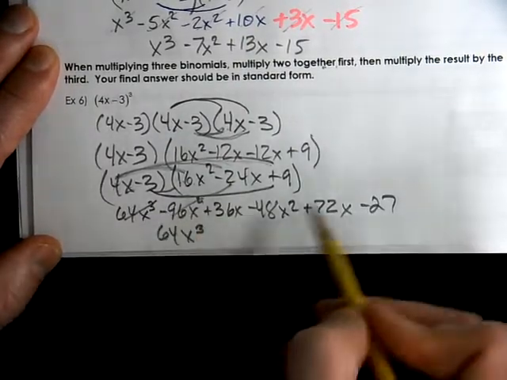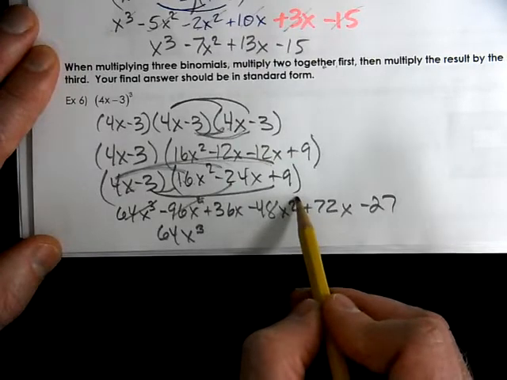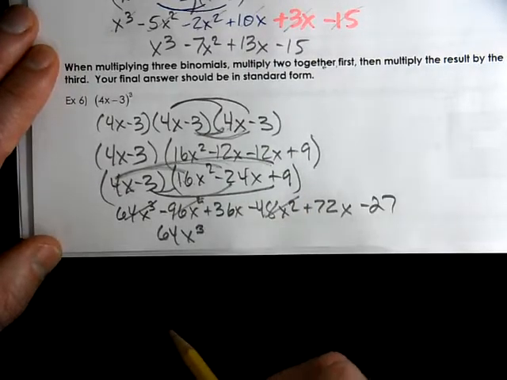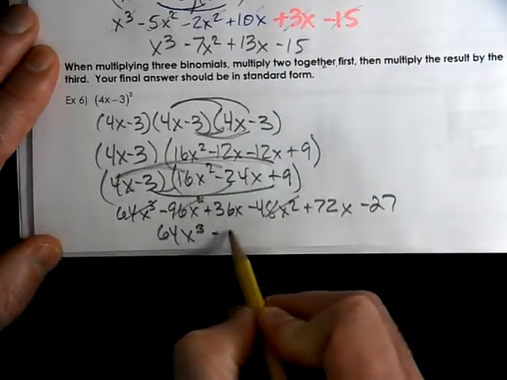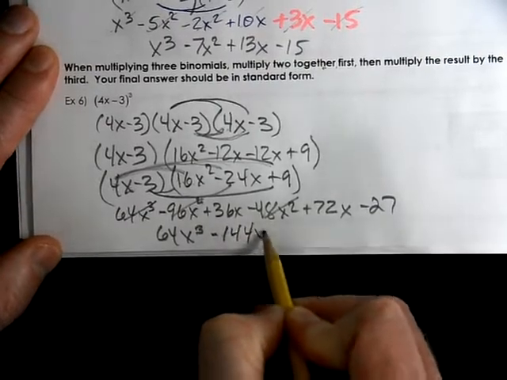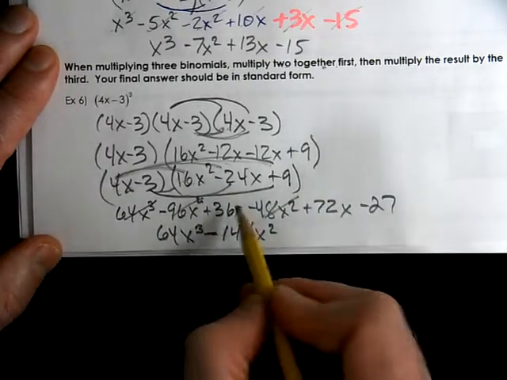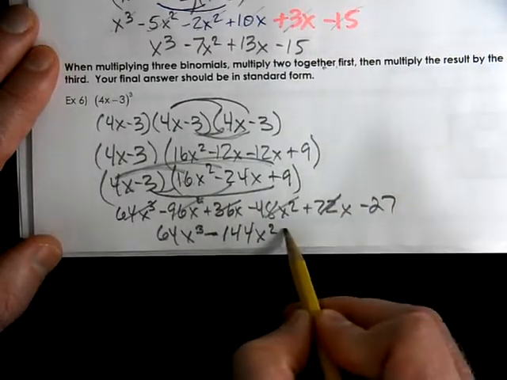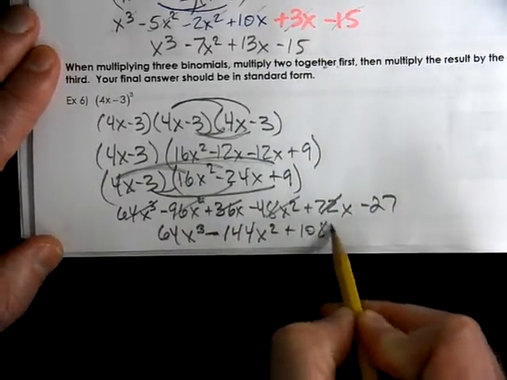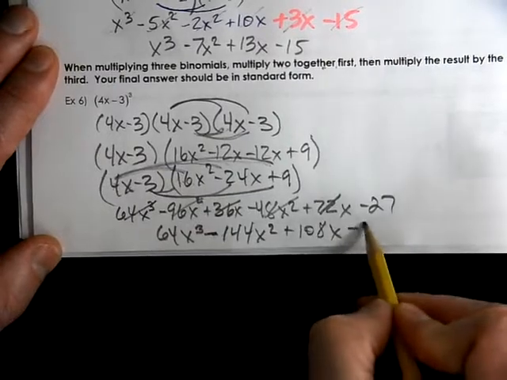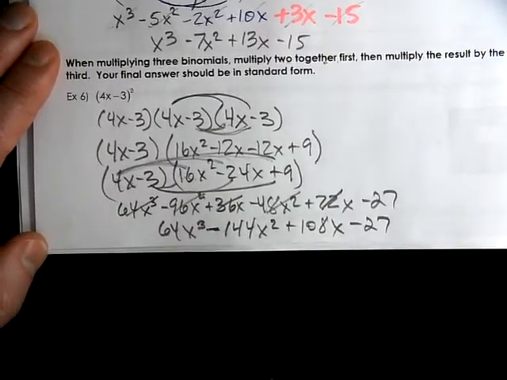Then we have 96, and we have another 48. That's going to be a negative 144x squared. Plus 108x, and our negative 27.